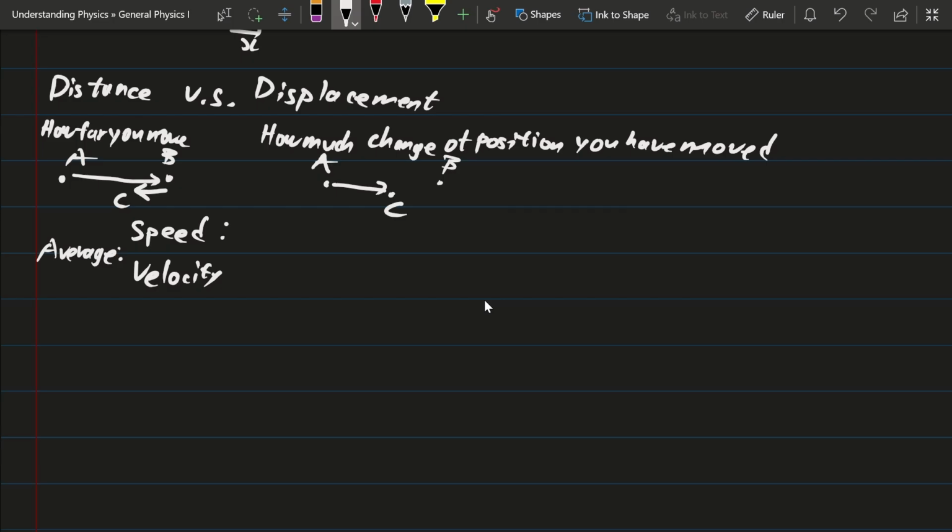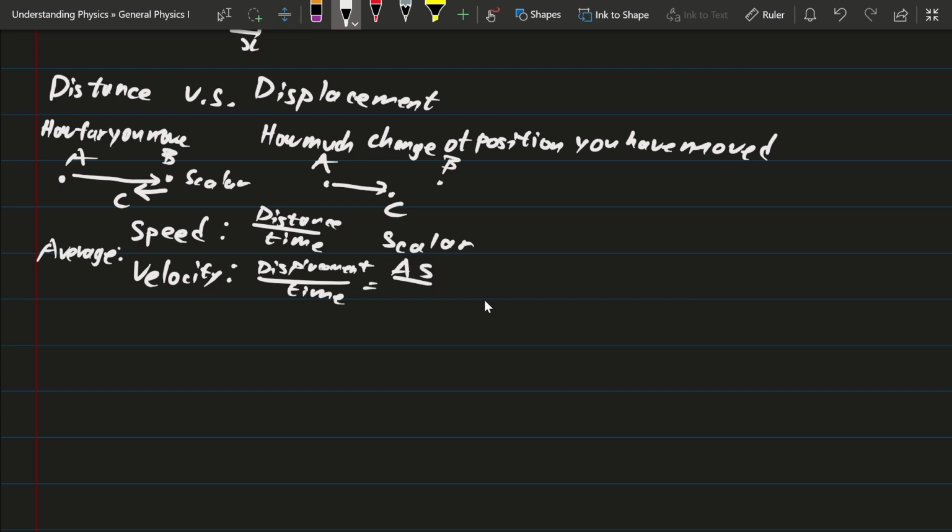For the average speed, you would use distance over time, which will be a scalar, the same as distance being a scalar, while velocity is displacement over time, or you could write it as delta S over delta T, and this is a vector.